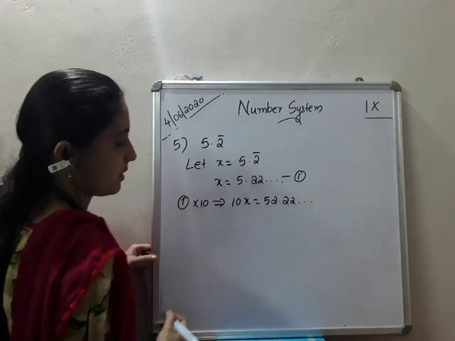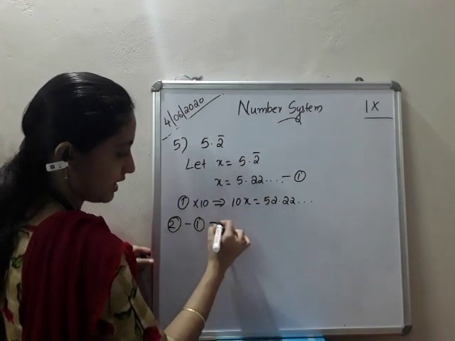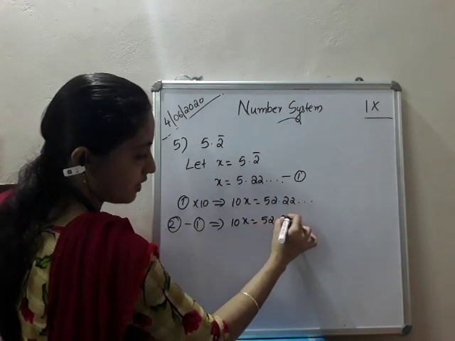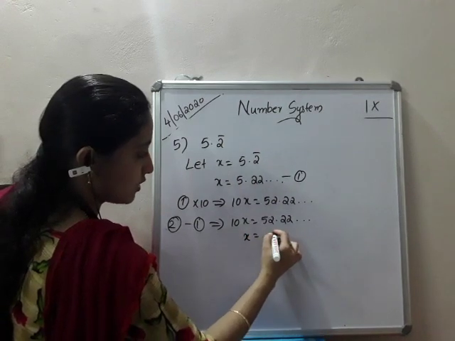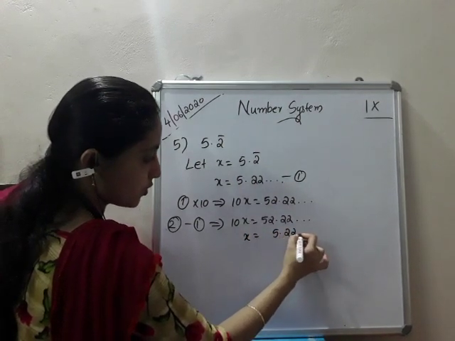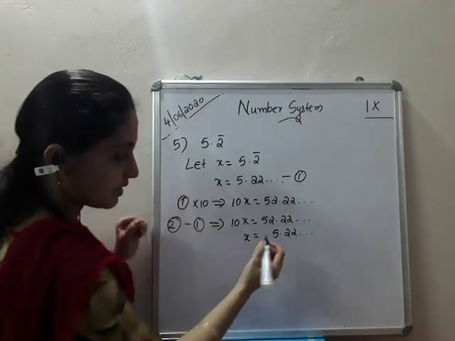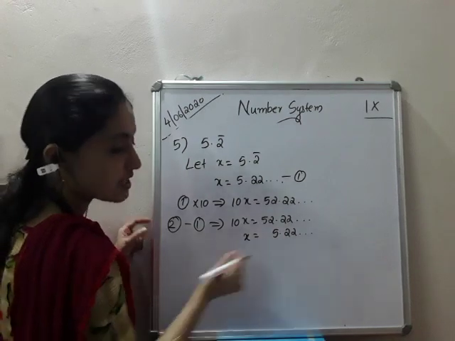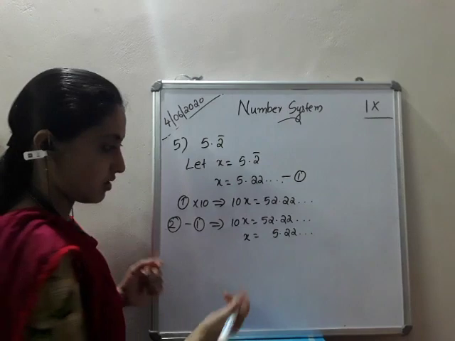52.22 etc. And equation next step is what? Equation 2 minus equation number 1 gives 10x is equal to 52.22 etc. minus x is equal to 5.22 etc. While writing this, you have to write at the, that is 2's place down. Here it will be 5. Otherwise, you will be confused where it should be placed or how will you subtract that. Okay.